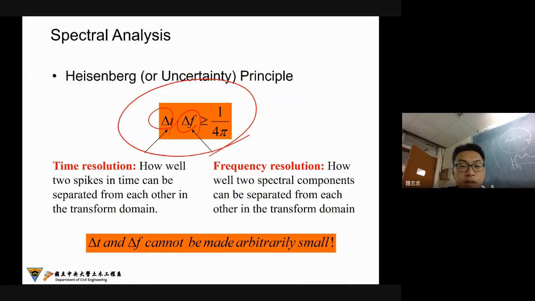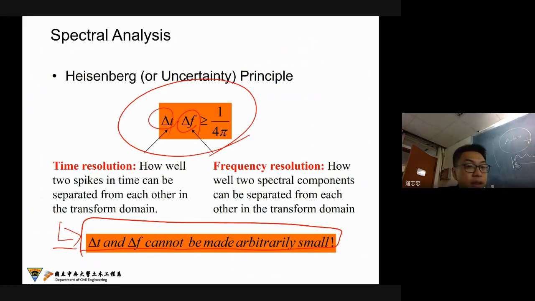This means that this is the conclusion: you cannot make dt or df very, very small at the same time. No, you cannot. So this is what we call the trade-off for spectral analysis.